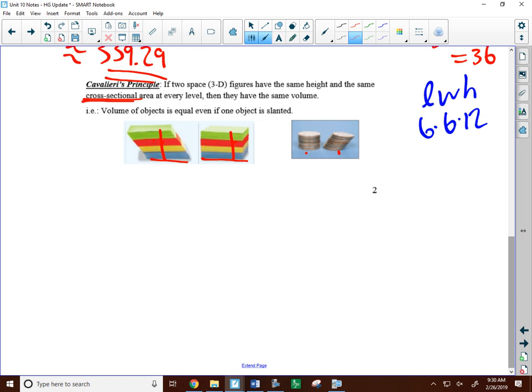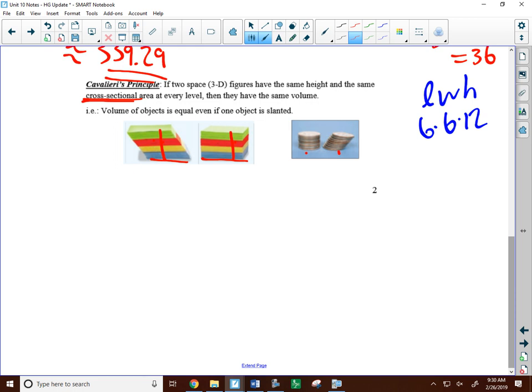Before moving on, I know we don't do surface area, but what do you think? Would the surface area here compared to the original stay the same or change? Same. Change. What even is surface area? The outer covering, right?